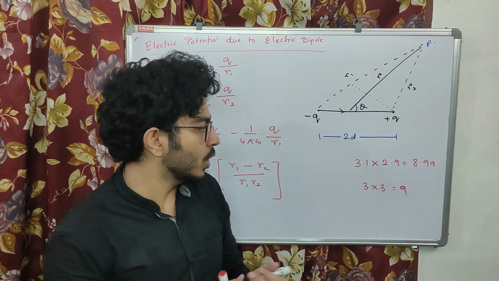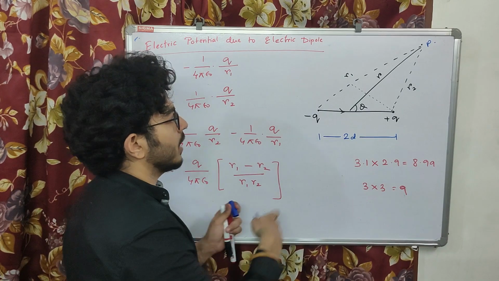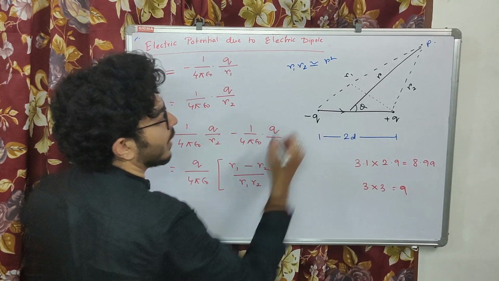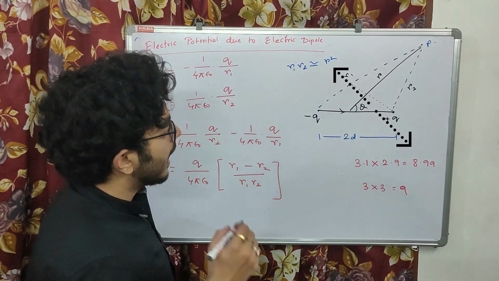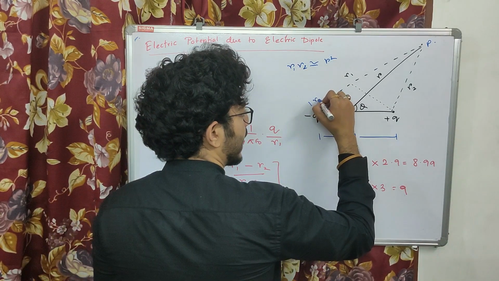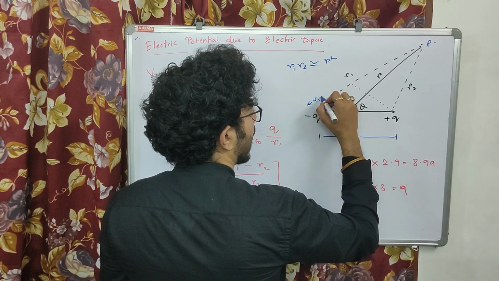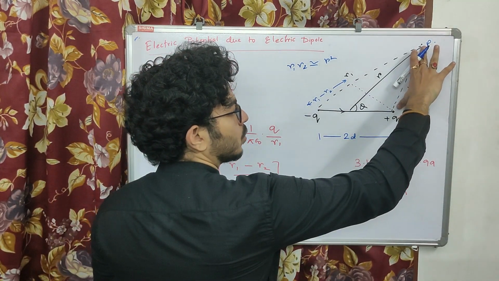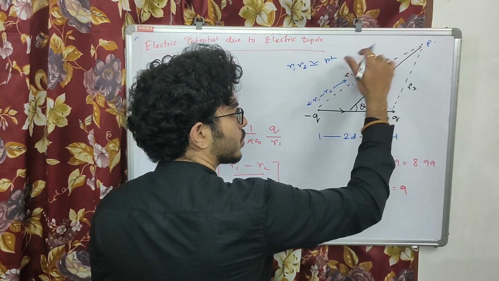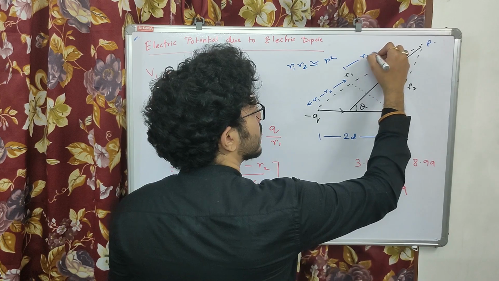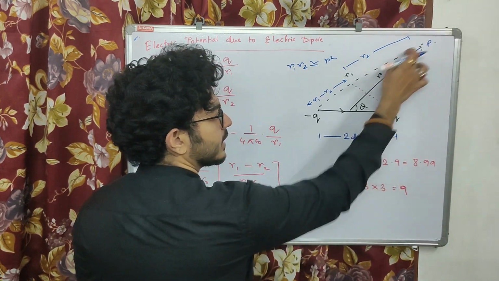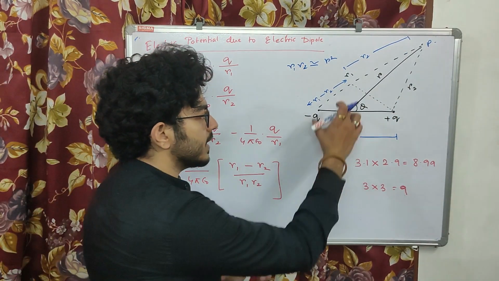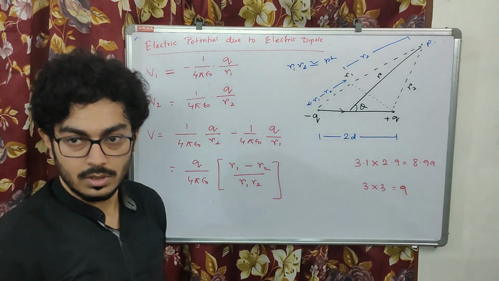So for a short dipole, r1 r2 can be written as r square. And this part can be said as r1 minus r2. Why r1 minus r2? If this part is r2, and if I consider till this part also as r2, just consider this to be an isosceles triangle, then only this part becomes r1 minus r2, right?